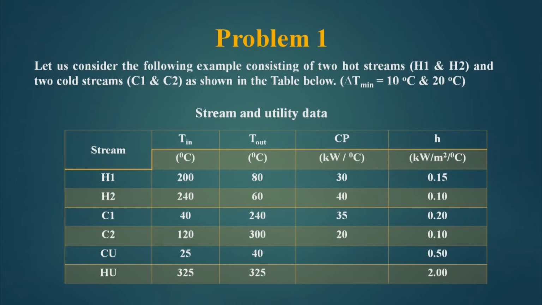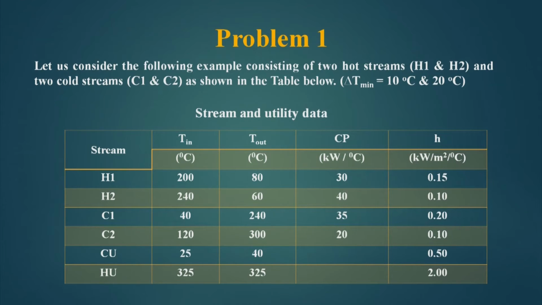So, for 10 degree centigrade, I will first solve the problem, and then for 20 degree centigrade I will solve the problem, and we will see what is the difference between a delta T minimum solution at 10 degree centigrade vis-a-vis 20 degree centigrade.